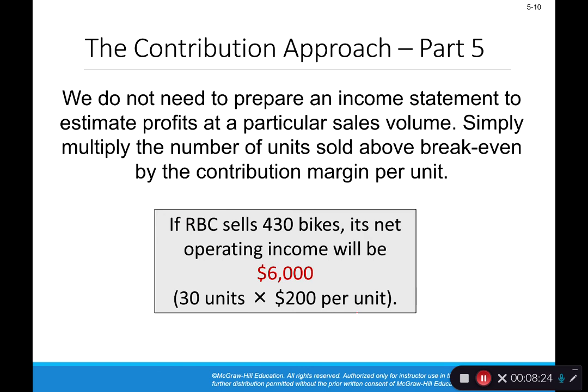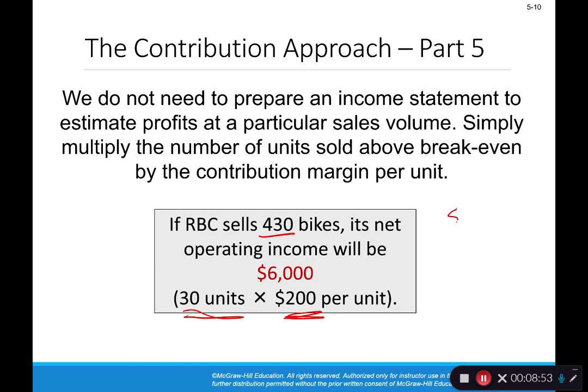We do not need to prepare an income statement to estimate profits at a particular sales volume, because if we understand these concepts we just discussed, we could take the number of units sold above break even by the contribution margin in order to determine our profit. So if we were to sell 30 bikes above break even for a total of 430 bikes, net income would be the 30 bikes above break even times the 200 per unit, or $6,000.